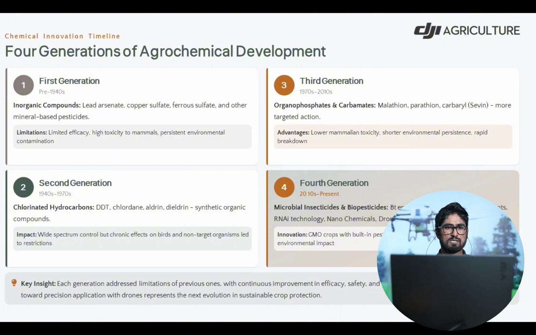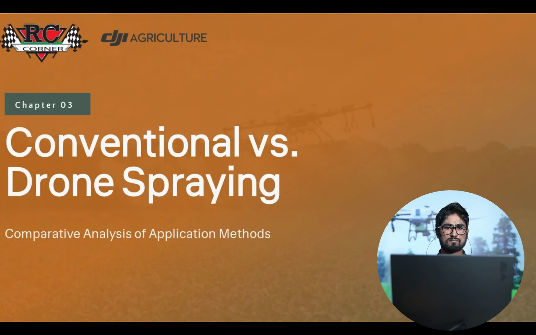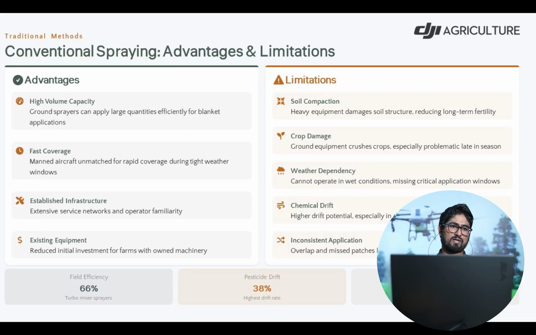Okay, now we compare conventional spraying versus drone spraying. So what are the advantages of conventional spraying? It has high volume capacity. Ground sprayers can apply large quantities efficiently for blanket applications.